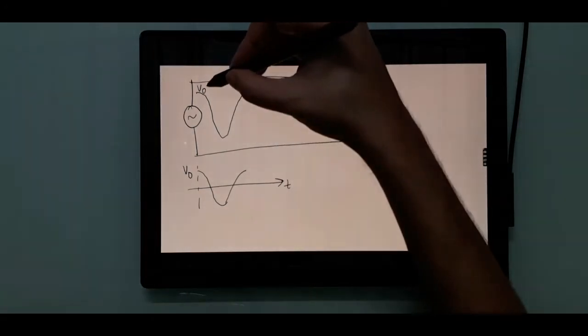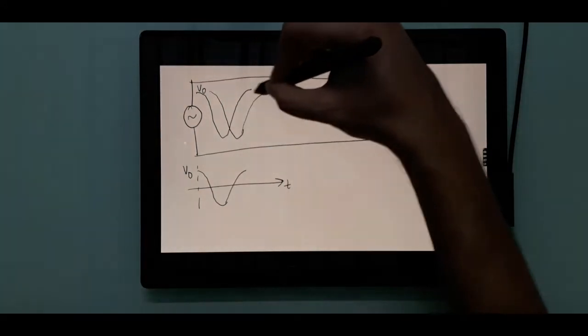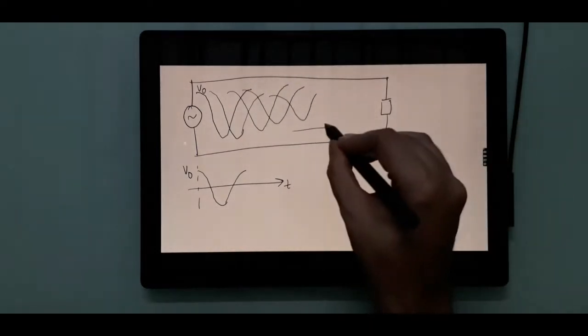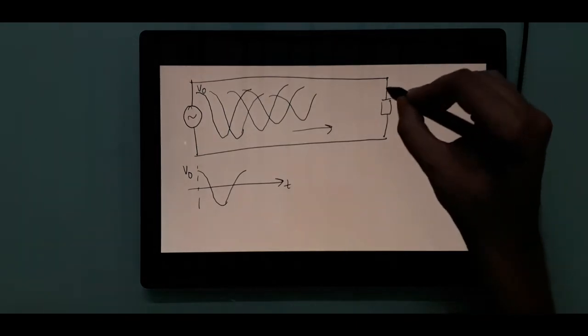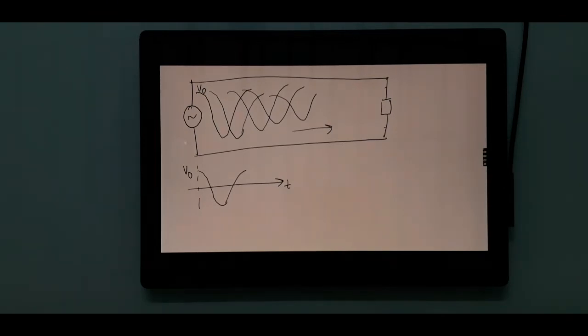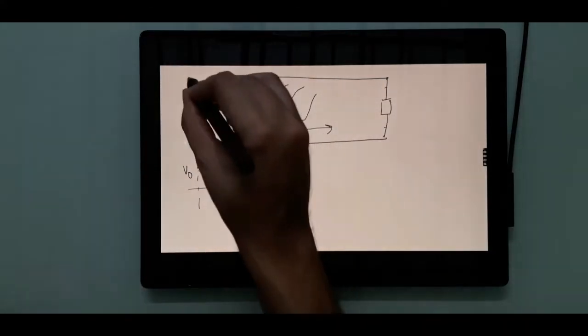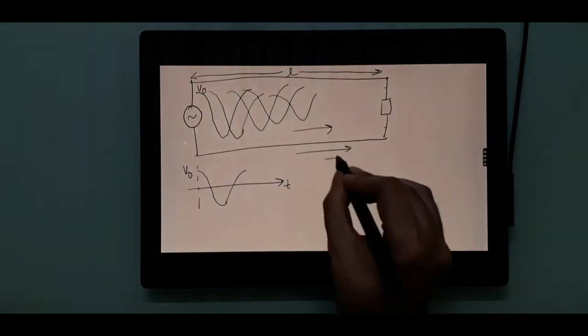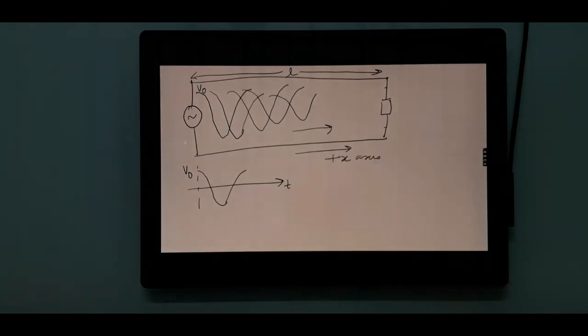So this wave will keep flowing like this, so on and so forth, until this becomes V0, the voltage across the load. Now, as we said, let's suppose this distance is L and this is the positive x-axis.